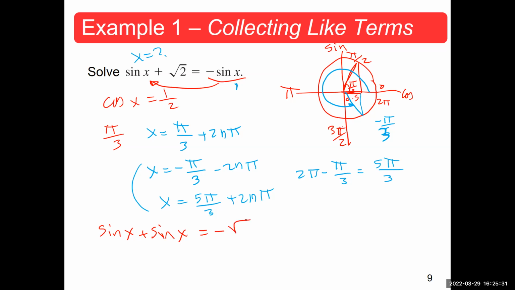It becomes negative square root of 2. So we're moving this number to this side. Now this has become 2 sine of x, then divide both sides by 2, you get sine of x equals negative square root of 2 over 2.